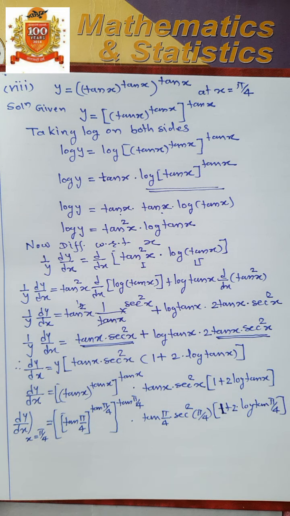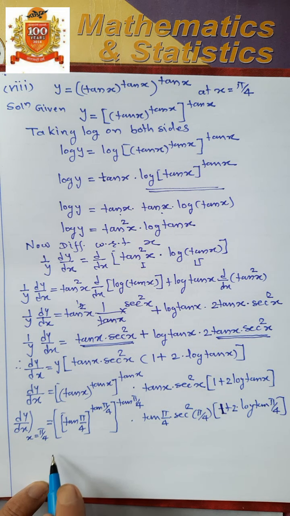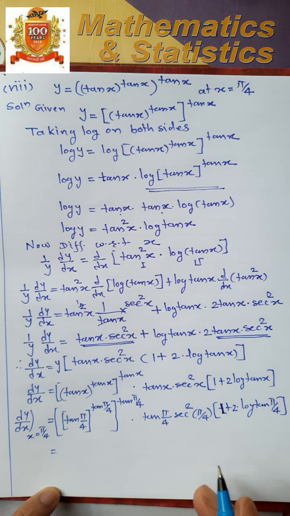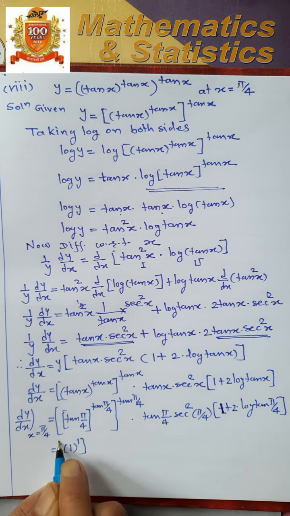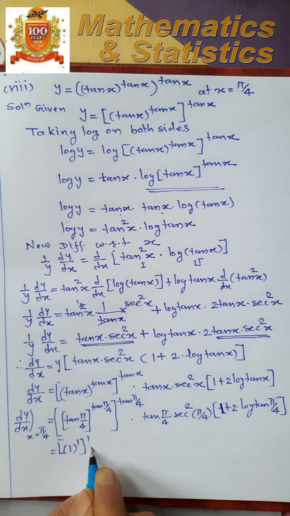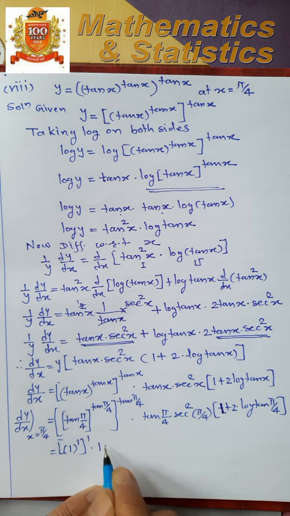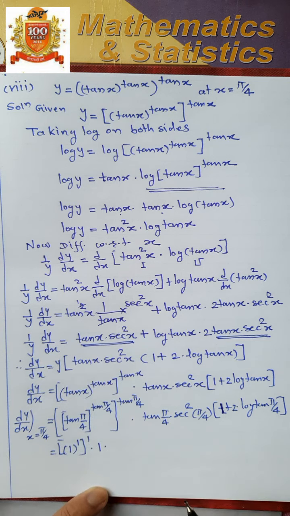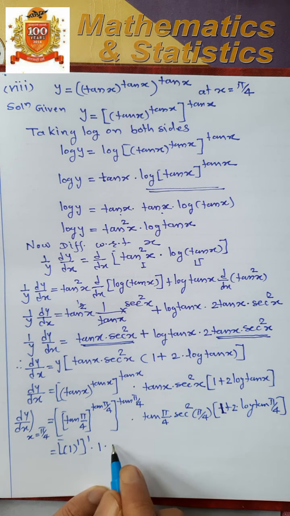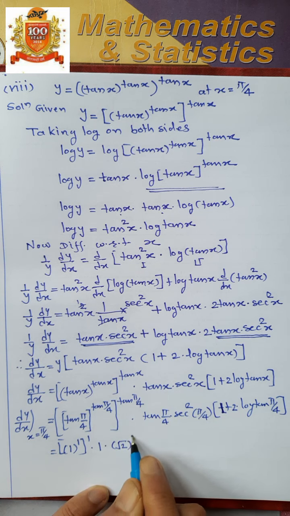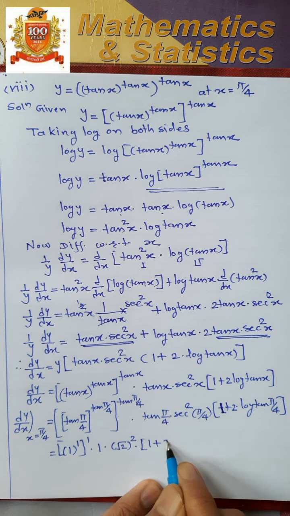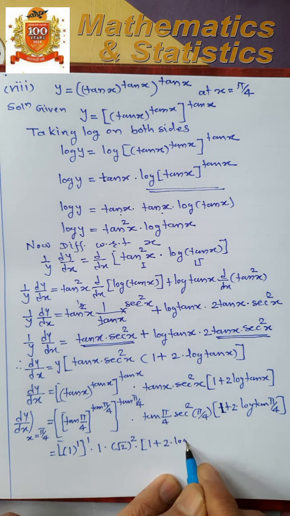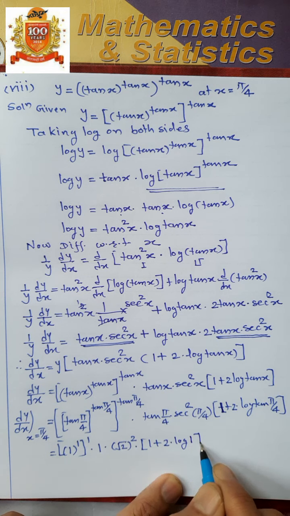Isn't it? Now put the values. We get here tan pi by 4 means 1, that is 1 raised to power 1 raised to power 1 into 1 into sec pi by 4 means root 2 square into 1 plus 2 into log of tan pi by 4 means 1 log 1.